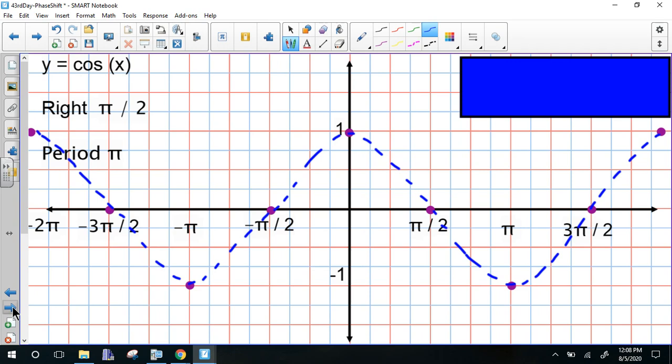So I need points here. I need a point here, and I need a point here. Every 4th pi. Amplitude is still 1. I'm going to shift all those points to the right, pi over 2. Okay. I want you guys to graph that in your calculator and give me a final graph on that.